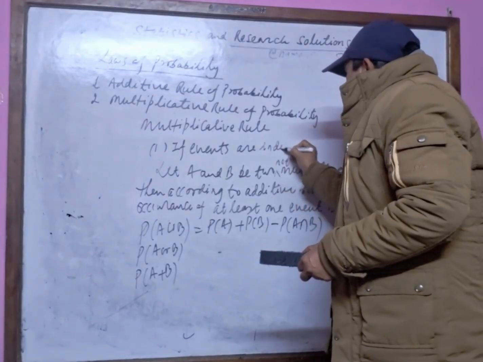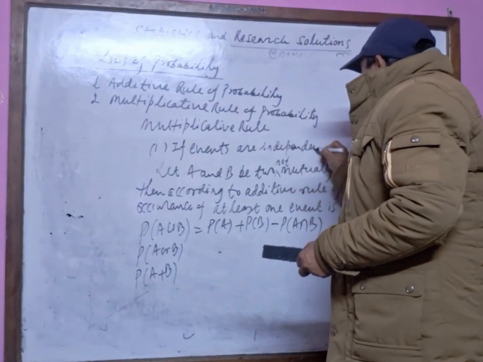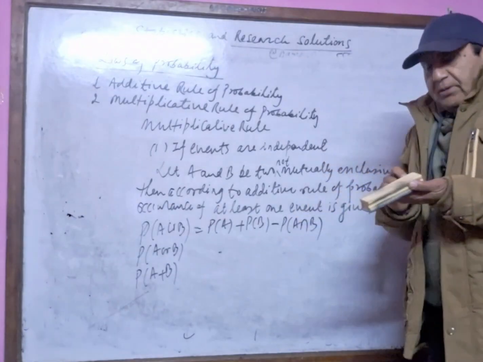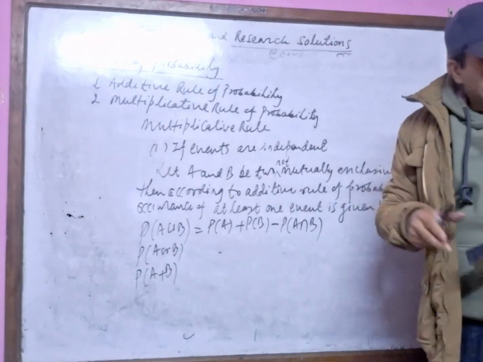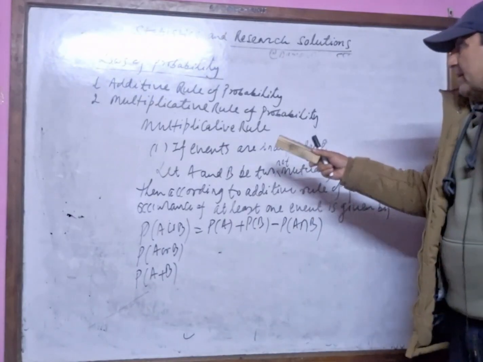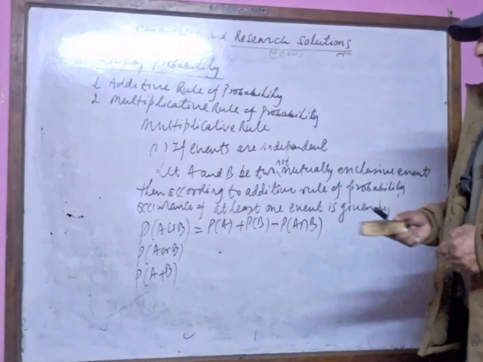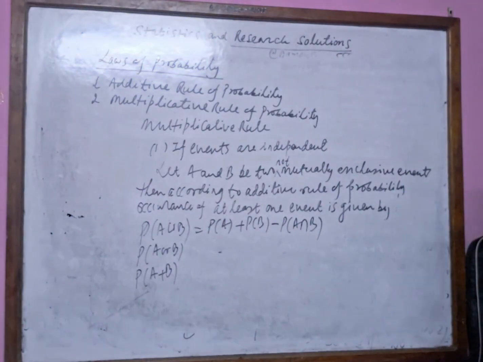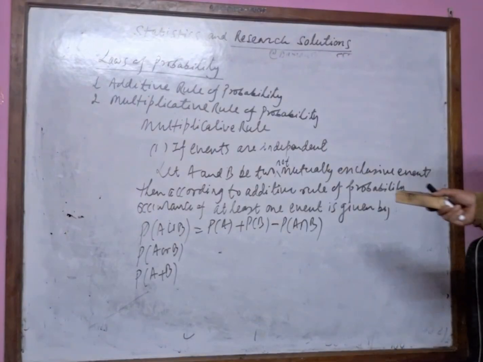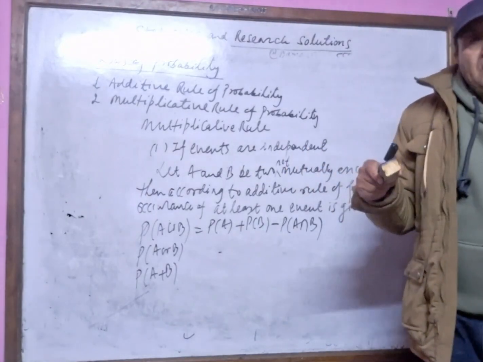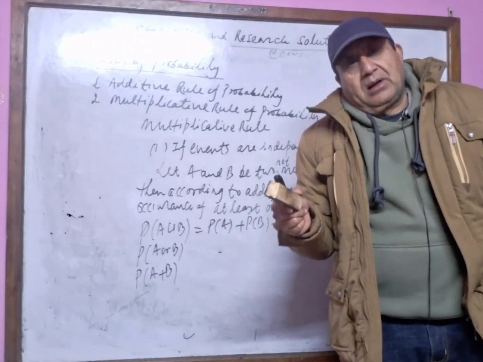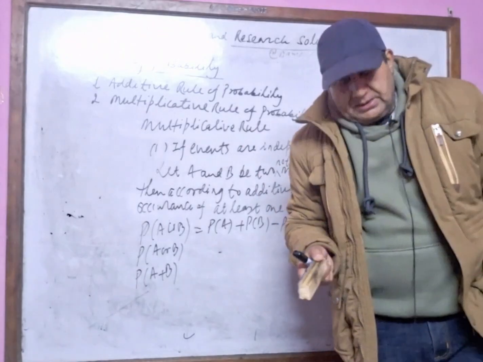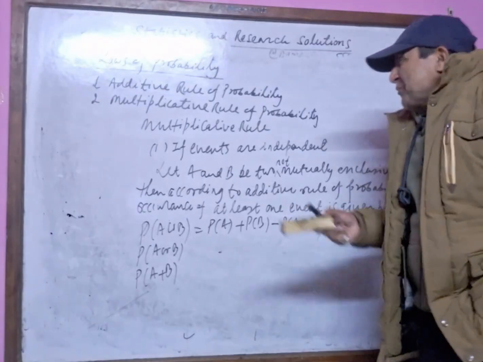In the case of the multiplicative rule, events are independent or dependent. Always keep in mind that in the case of the additive rule, events are mutually exclusive or not mutually exclusive.